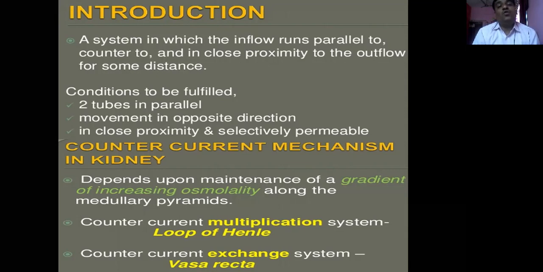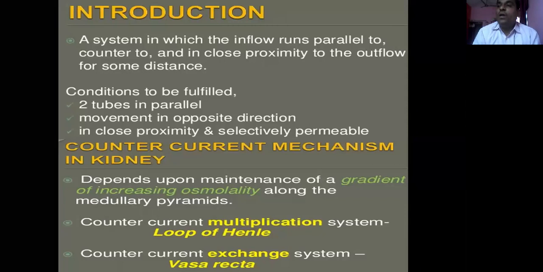The conditions to be fulfilled for the countercurrent mechanism are: two tubes in parallel, movement in opposite directions, close proximity, and selective permeability. The countercurrent mechanism in the kidney depends upon maintenance of a gradient of increasing osmolarity along the medullary pyramids.